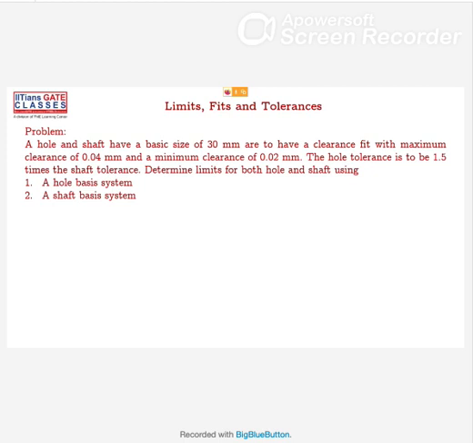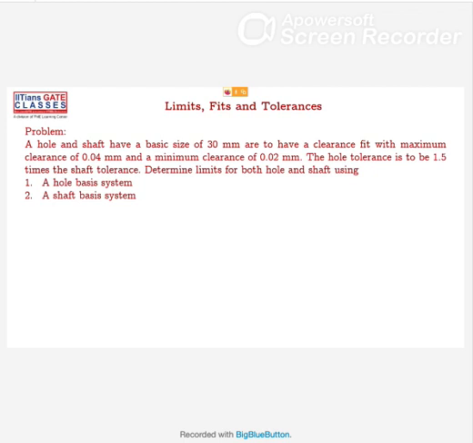I want shaft in the hole basis system. What are the dimensions of shaft? 27.972 to 27.98. Excellent. Very good.